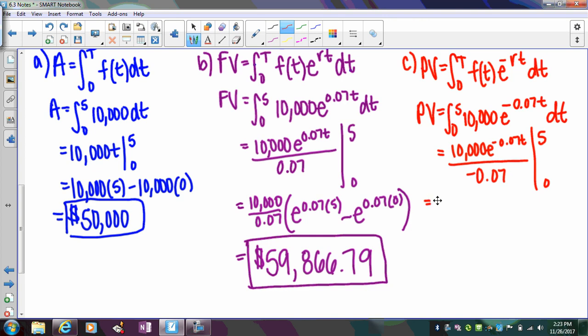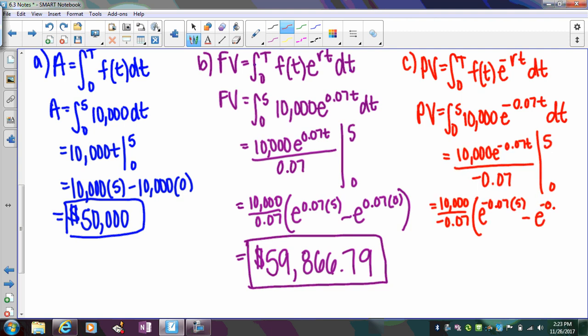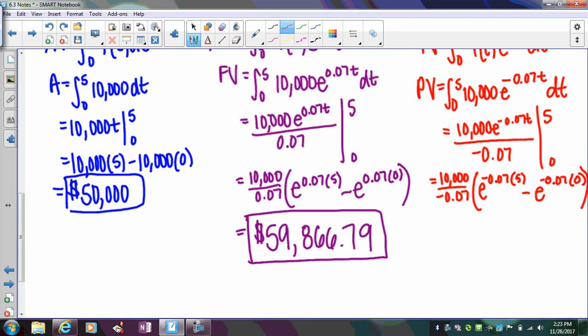And then I would do the same thing where I just keep this number out in front. And then we're just plugging in. Just be careful when you're plugging in, again, that you have that negative. So it's going to end up being this -1, because this will go to 1, times the 10,000 over negative 0.07.